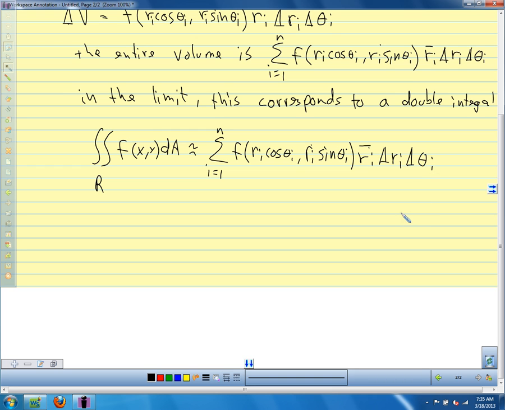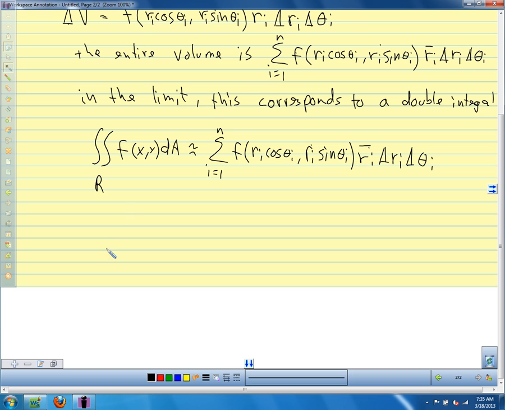And as our subdivision gets smaller and smaller, the average radius just becomes the radius of that tiny little polar rectangle. So we don't have to worry about the average radius anymore. It's so small that the radius of that little region is just the radius that we're talking about.